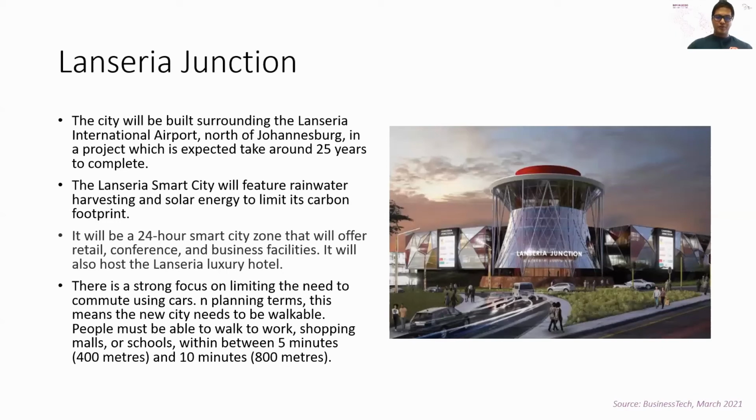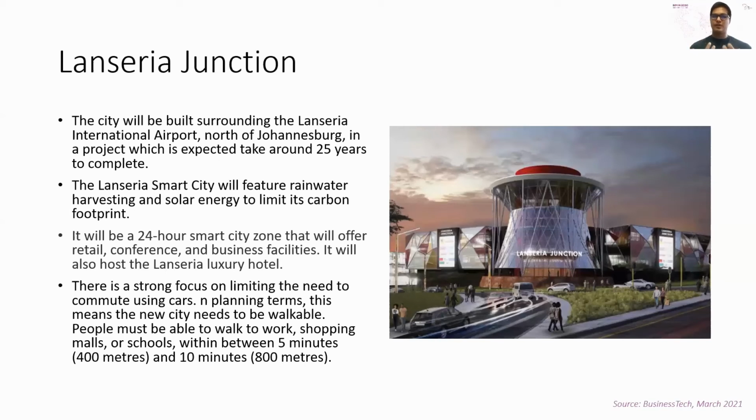So there's a strong focus on limiting the need to commute using cars. In planning terms, this means the new city needs to be walkable. So people must be able to walk to work, shopping malls, schools within about 5 minutes, so 400 to 800 meters. So again, this is also striving towards reducing motorized transport, using bicycles or cycling, walking, which is always great, not only for the environment, but for ourselves, right?